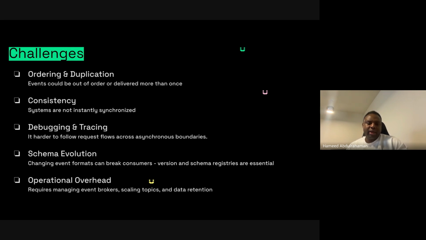So another one is schema evolution. Day to day we have different types of schema, which is how the representation of data is being sent. Schema versioning is very, very important in microservices. A typical example you can think of is, okay, today you have an application that takes in first name.